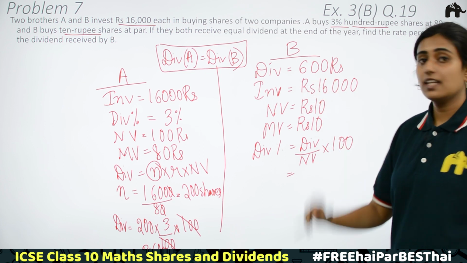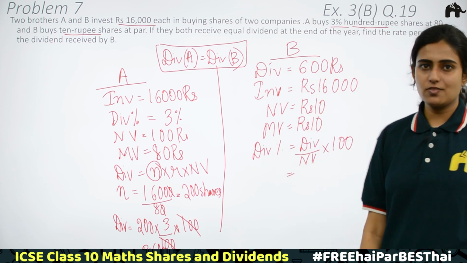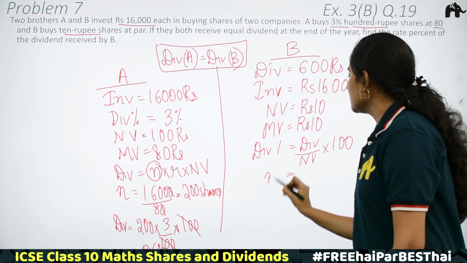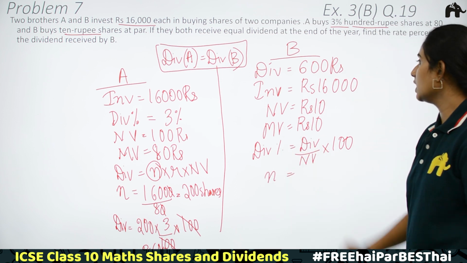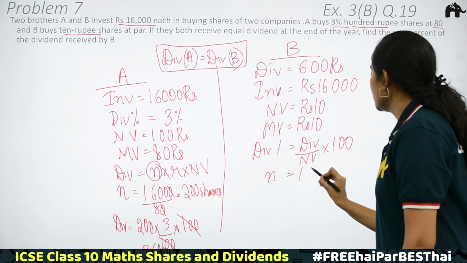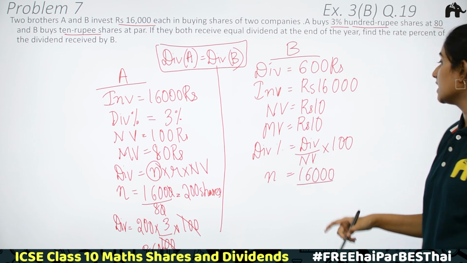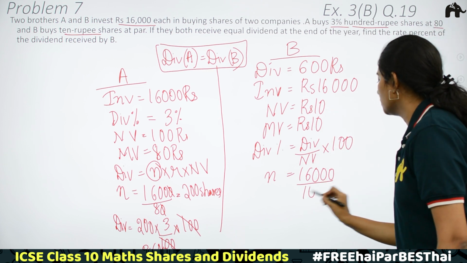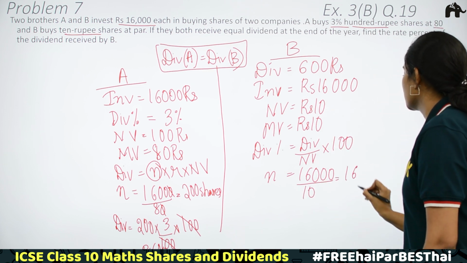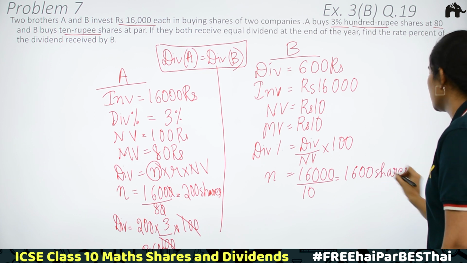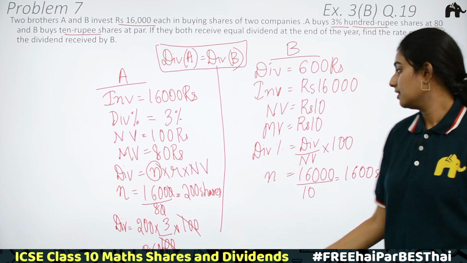We have the investment and the market value. We can easily find the number of shares. What is number of shares? N is equal to 16,000. That is the investment divided by market value. You will be getting 1,600 shares. We got the value of N.